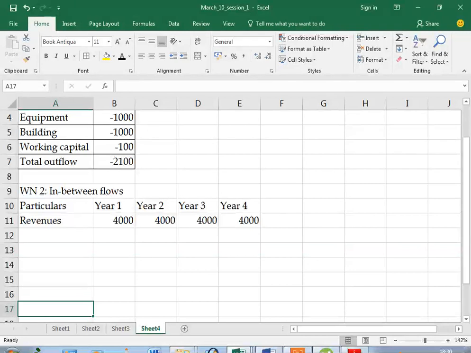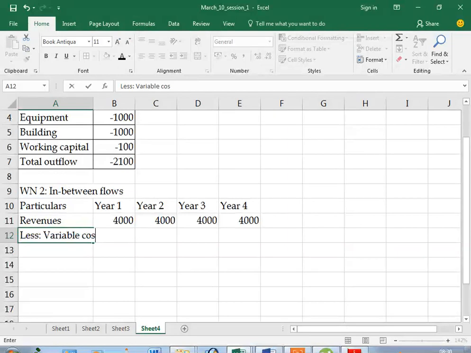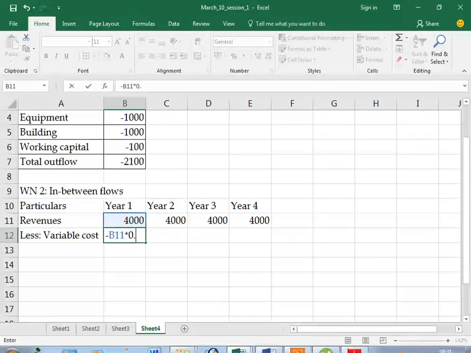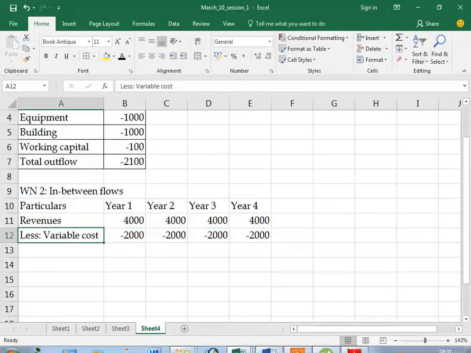What is the cost? Variable cost. How much is the variable cost? First paragraph: 50% of the cost. Let me write this and then I'll explain the concept around it. If 60% of that is paid and 40% is on credit, I'm not going to do anything with that as of now.